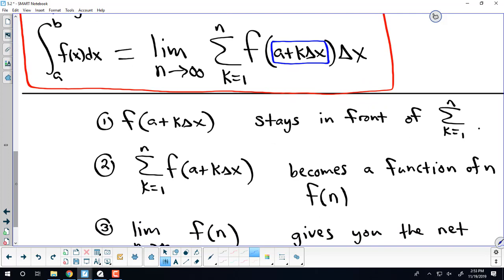When it asks you to compute a definite integral, we're actually going to compute this infinite sum here. So like we said previously, that f of a plus k delta x has to stay in front of the summation. Then all of that stuff becomes a function of n, and then we just take the limit as n goes to infinity on that function of n.